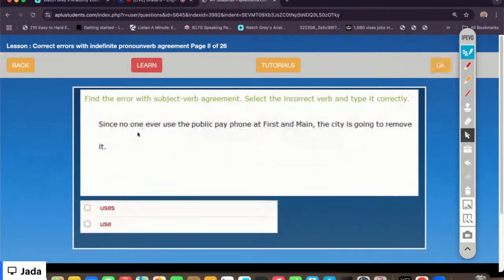Okay, so since no one ever uses the public payphone at First and Main, the city is going to remove it. So, what do you think here?